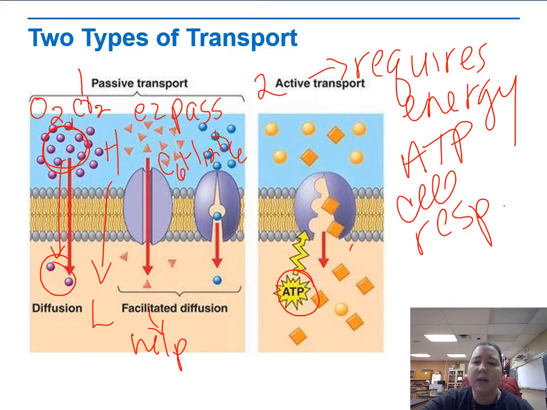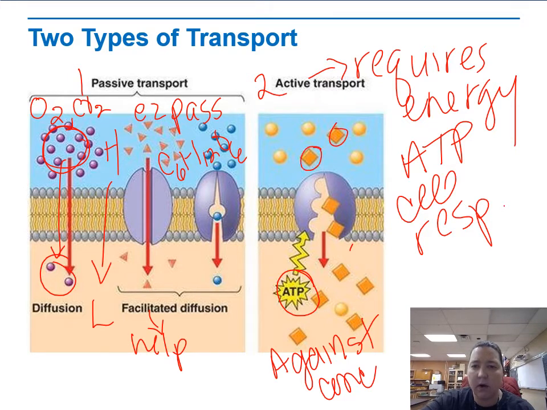Here, these are going against the concentration gradient. You can see these little orange diamonds. We're actually trying to push more of them this way, where there's actually more of them already in the cell.